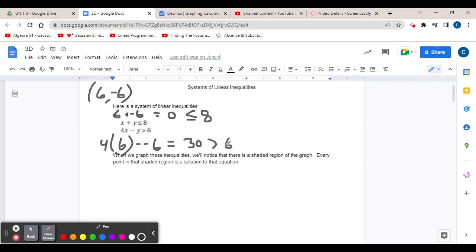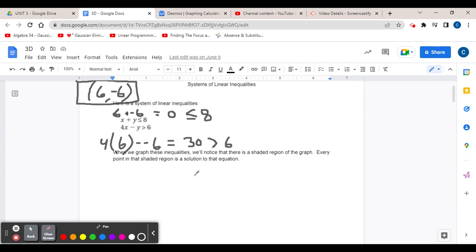Is 30 greater than 6? Yep. So (6, -6) is a solution. The graph proved that, and when we plug the point into both inequalities, we get a true statement.